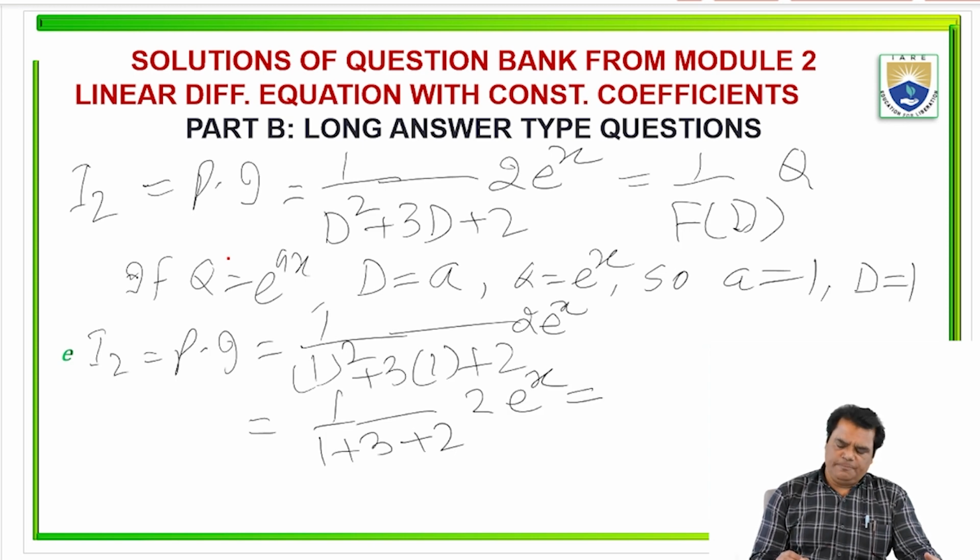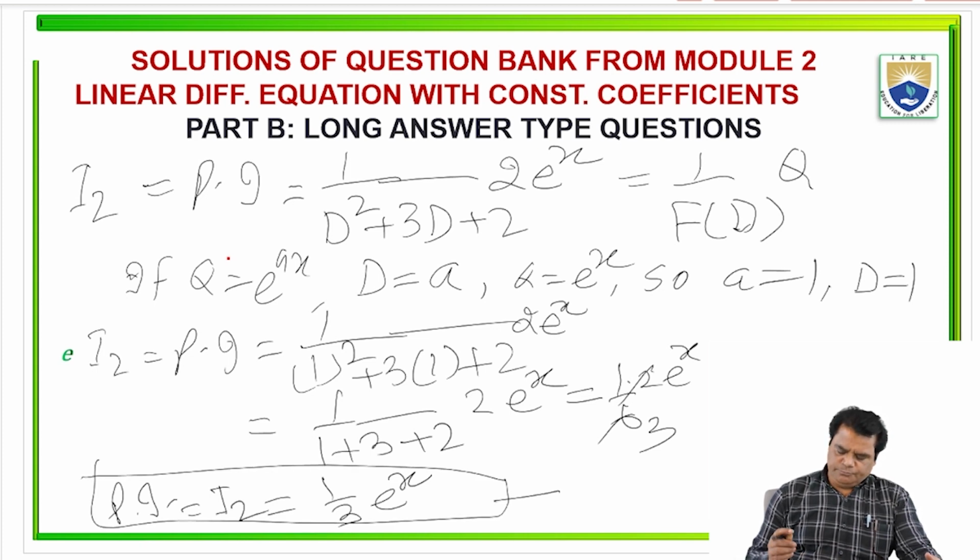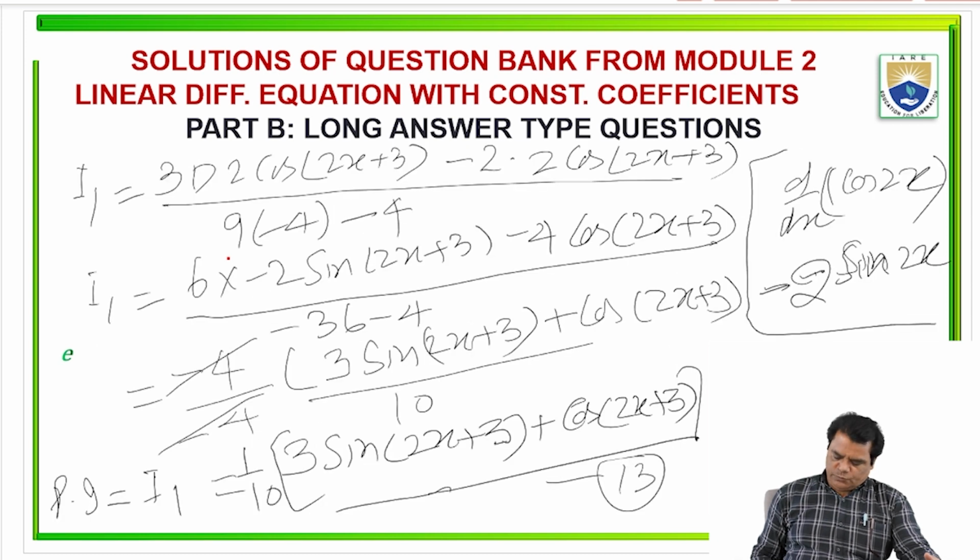This is equal to 1 upon 6 into 2e to the power x. 2 cancels. So your answer is 1 upon 3 e to the power x. This is the PI of I2. Okay, this is equation 14.